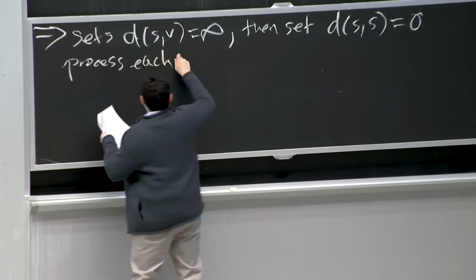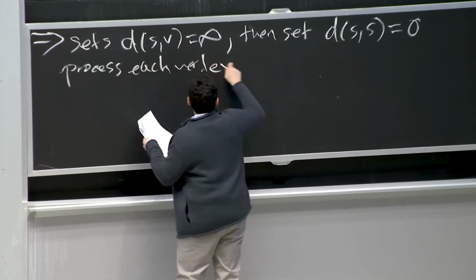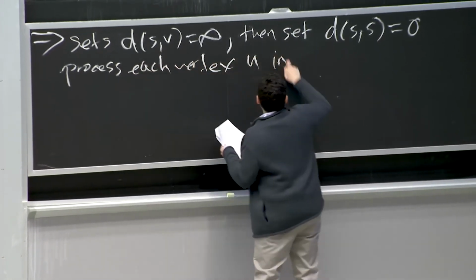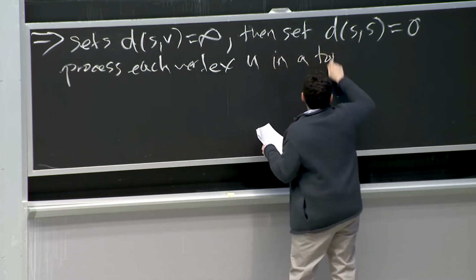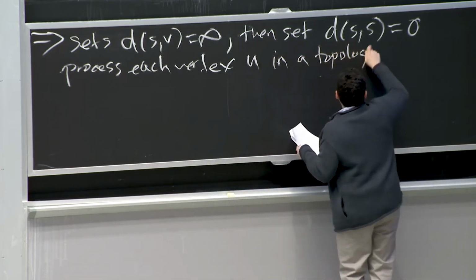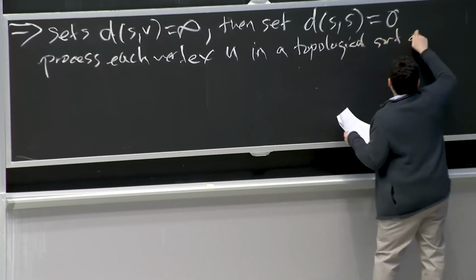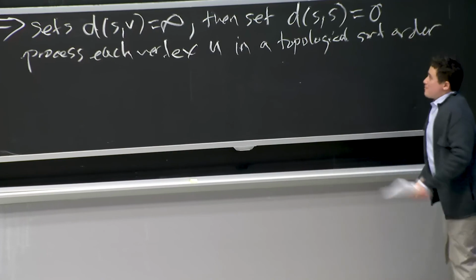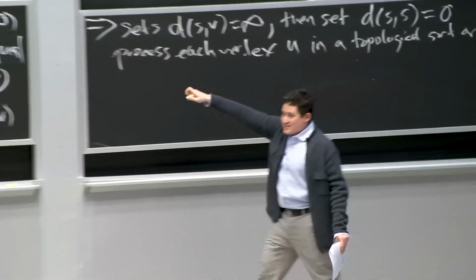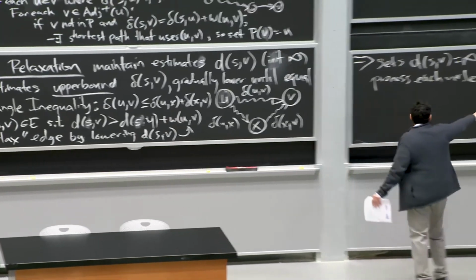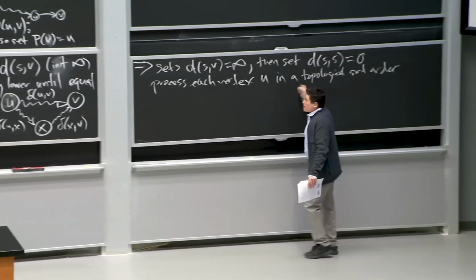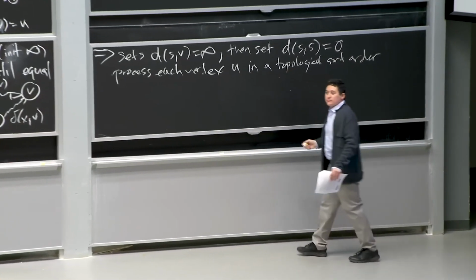Now we're going to process each vertex U in a topological sort order. So remember, our input to DAG relaxation is a DAG. So this thing has a topological sort order. We're going to process these vertices in that order, okay?